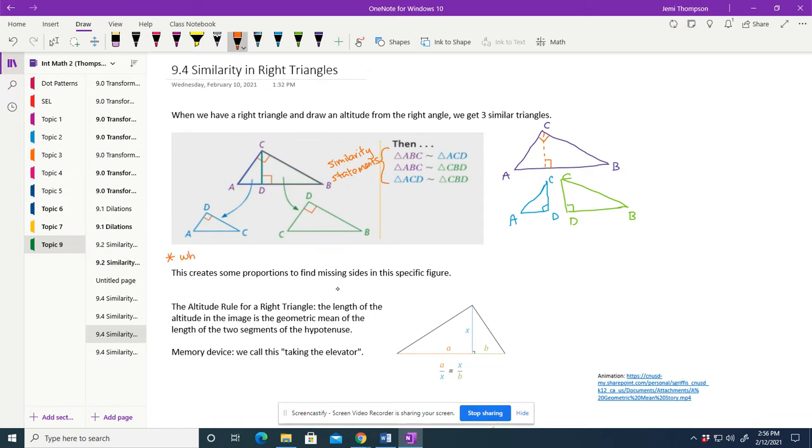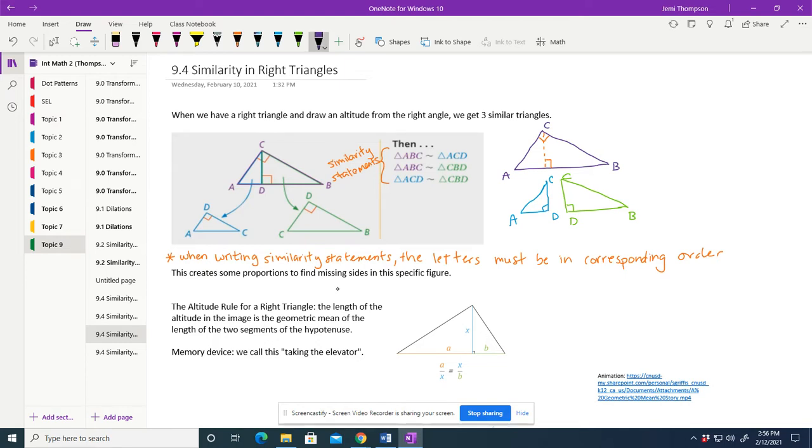So when writing similarity statements, the letters must be in corresponding order. So let's check this out.